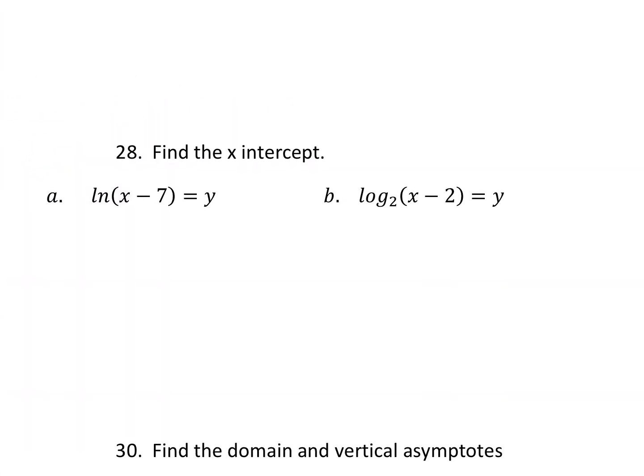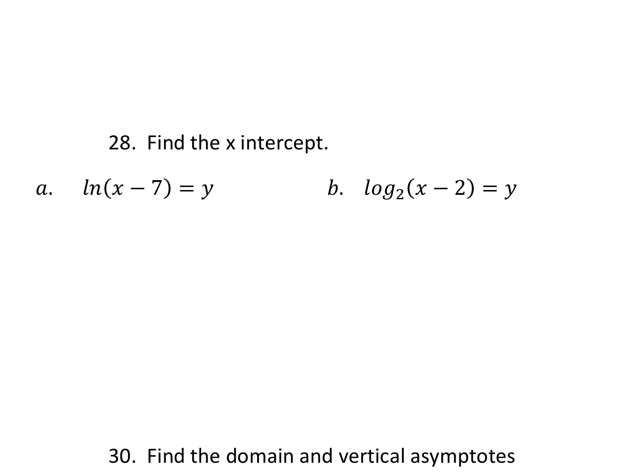All right, now we're going to find the x-intercepts. Anybody remember how to do this? To find an x-intercept, you plug in 0 where? For the y, okay? So if I plug 0 in here, this says ln of x minus 7 equals 0. Okay, exactly what we just did, guys. What is the opposite?